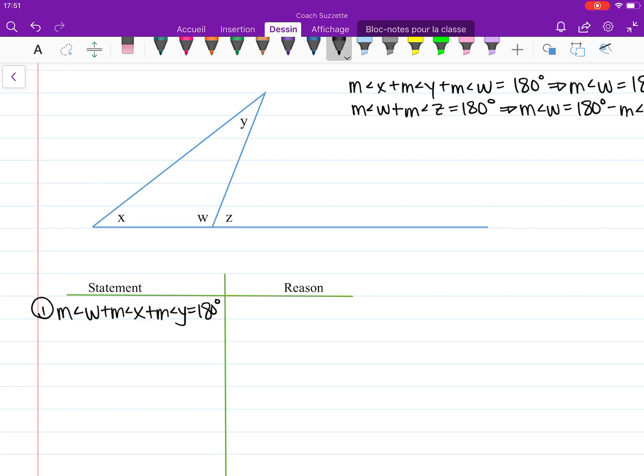Triangle angle sum theorem. Which again tells us that for any triangle, the sum of the measures of the interior angles equal 180.